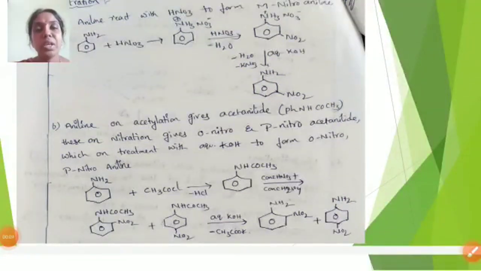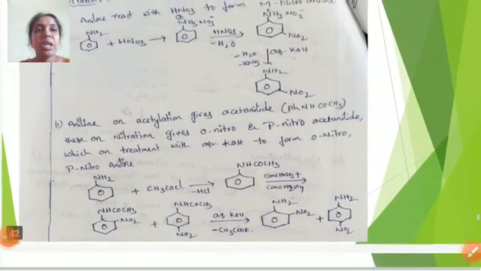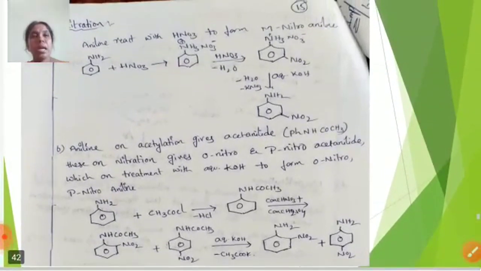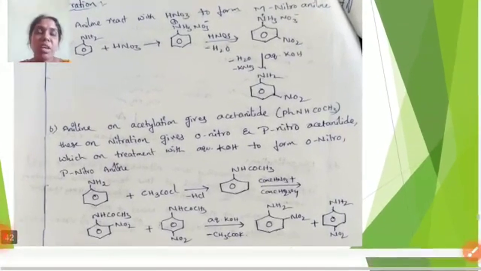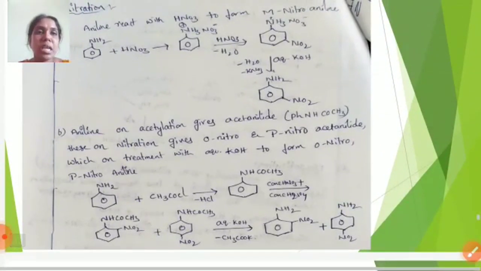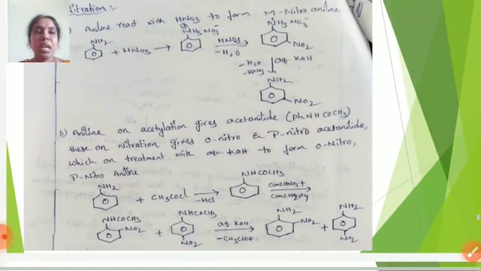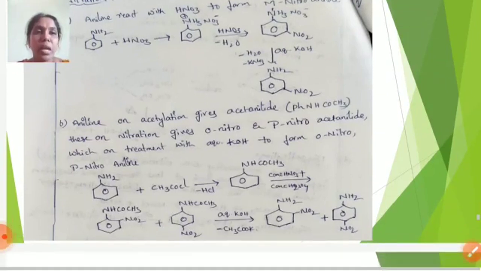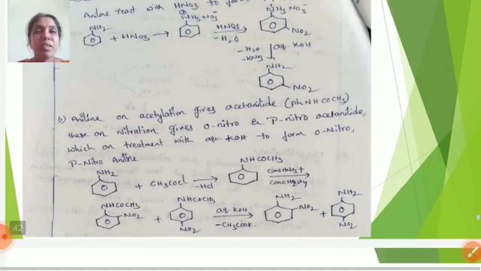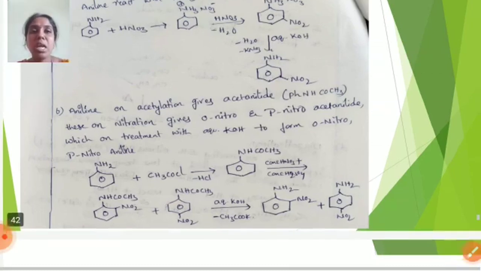Another important property is the carbylamine reaction. The carbylamine reaction is used to identify primary amines, and is also called the isocyanide test.